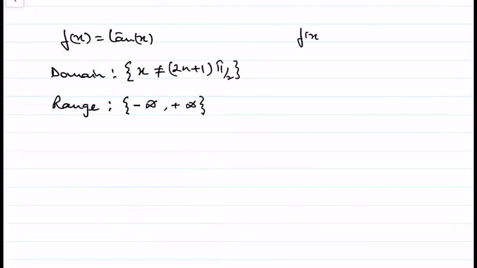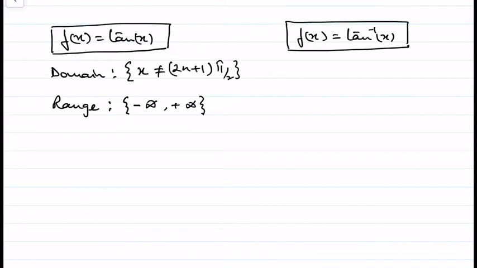Now let's find out the domain and range for the function f(x) = tan inverse x.